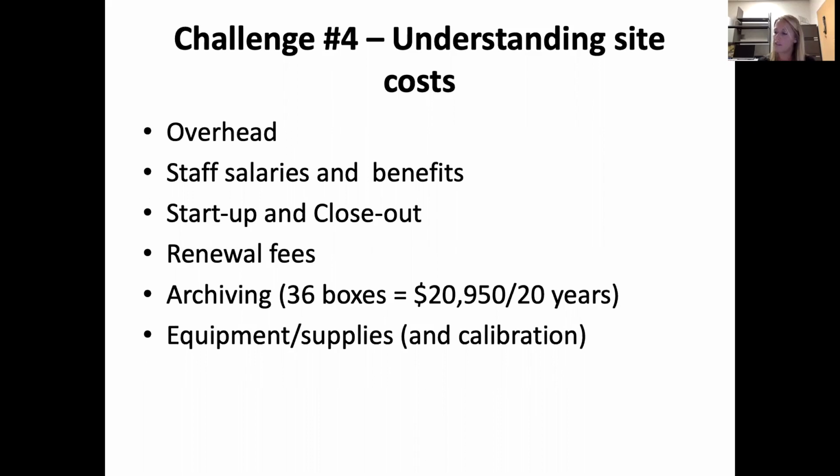I think staff salaries and benefits are another cost that you have to understand at your site, as well as your individual startup and closeout fees. You need to start thinking about your renewal fees, and this can change depending on what type of research you do. So at my own site, when I think about what are our renewal fees, everyone probably has ethics renewal fees that you have to make sure that you have tied into your budget.